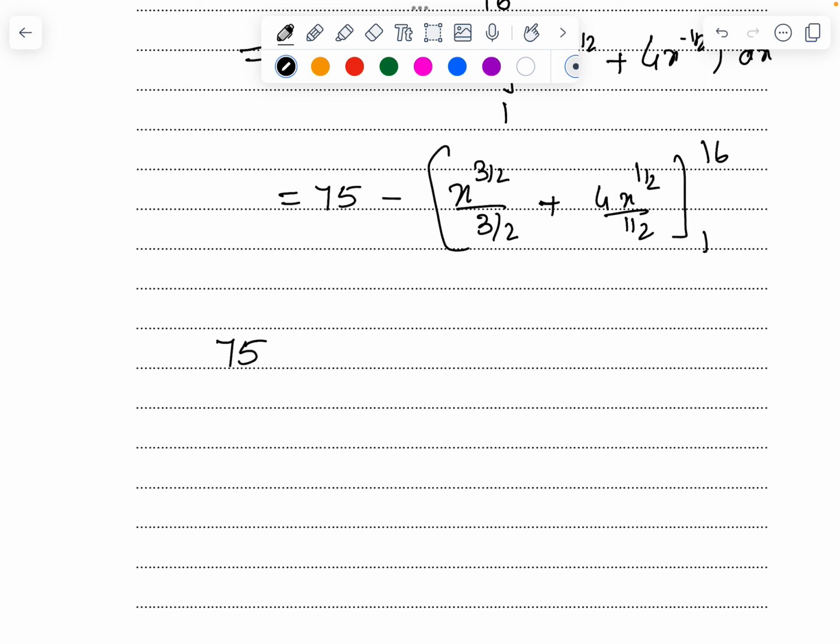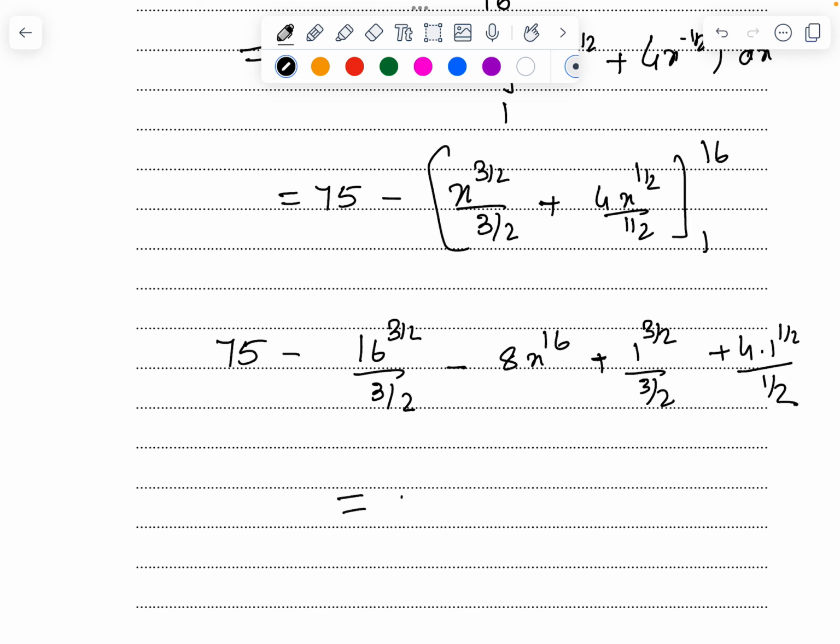So it becomes 75 minus, substitute 16 to the power of 3 by 2, by 3 by 2, minus 8x to the power of 16, then minus, so minus plus 1 to the power of 3 by 2, by 3 by 2, then plus 1 to the power of 1 by 2, by 1 by 2. Simplify this by calculator.